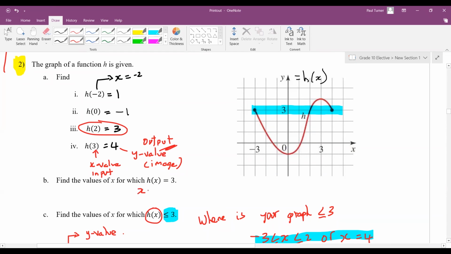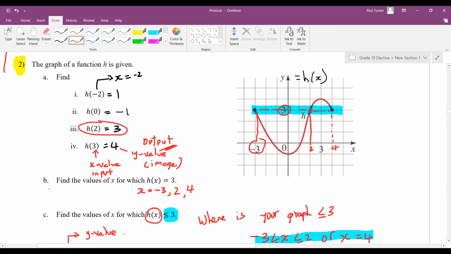So that means to get 3, X could be -3, come across to this one. So that's 2. X could be 2. That will also give 3 for an answer. And then come across here, 3, 4. So 4.